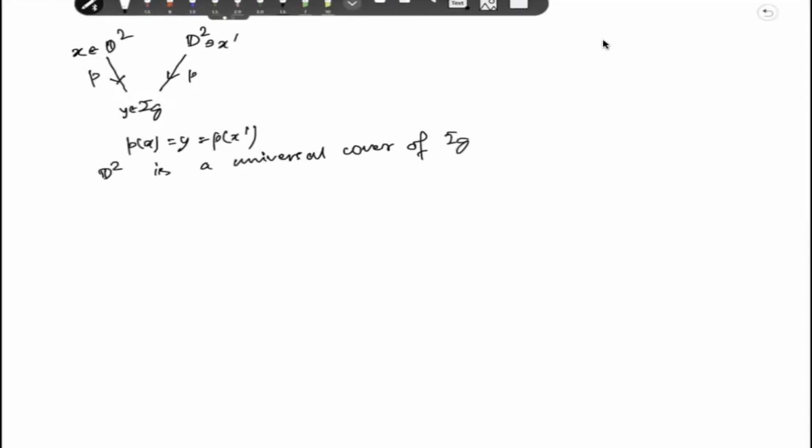So I'll have a deck transformation from this disk to disk, which will take x to x prime, and the diagram will commute. That deck transformation, in fact, will be the hyperbolic isometry of this unit disk taking x to x prime.